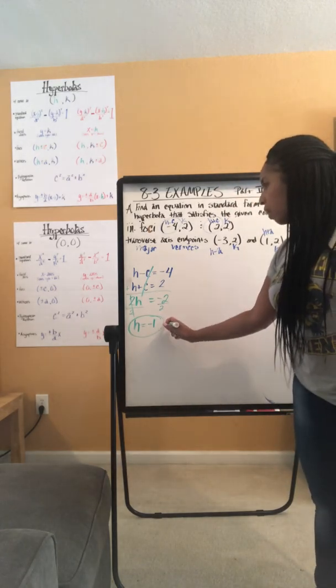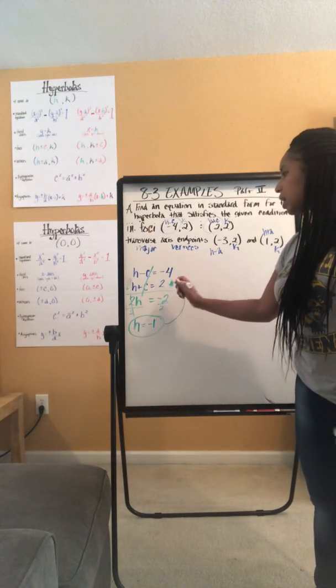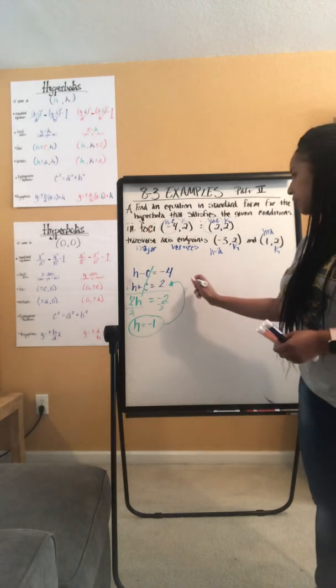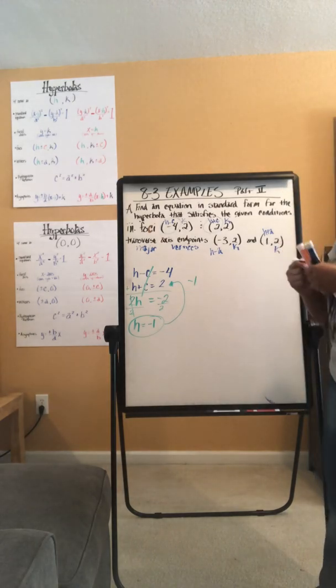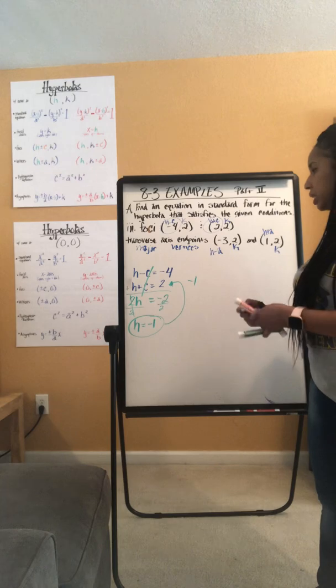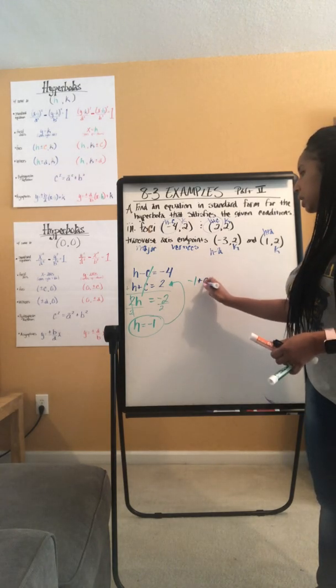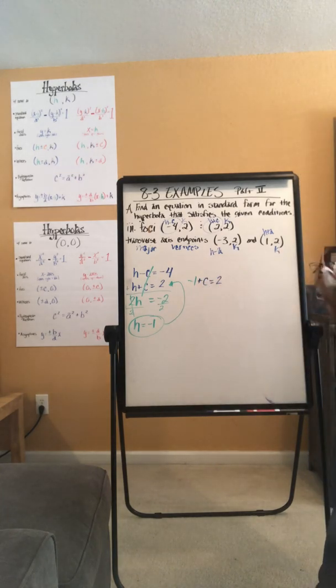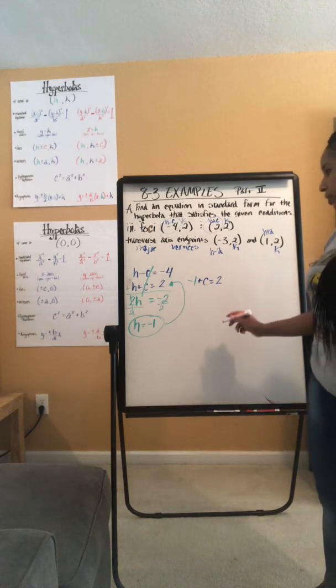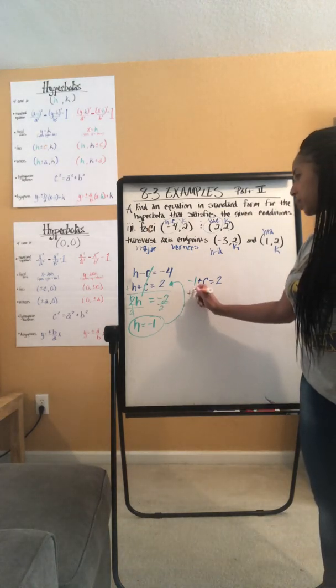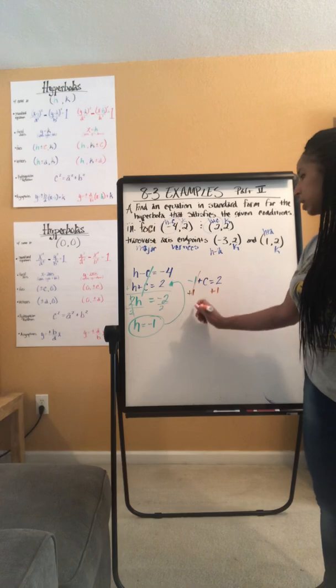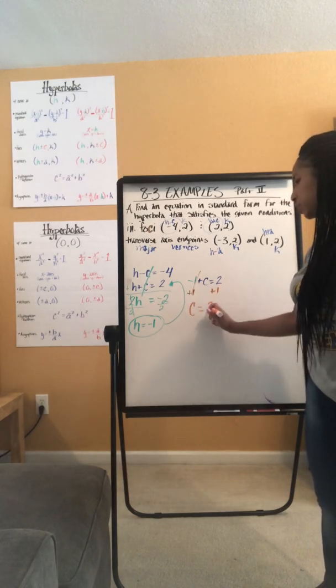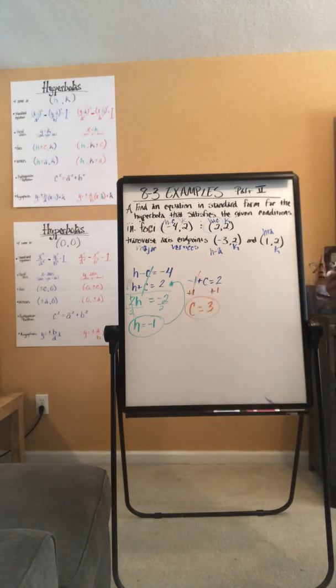Then I remember I always have to plug it back in. I like to plug it into the plus. So I have -1 plus c equals 2. If I'm solving for c, I would add 1. C equals 2 plus 1, which is 3.